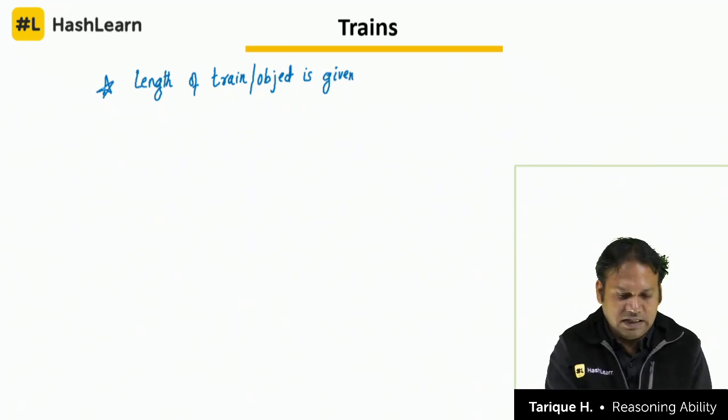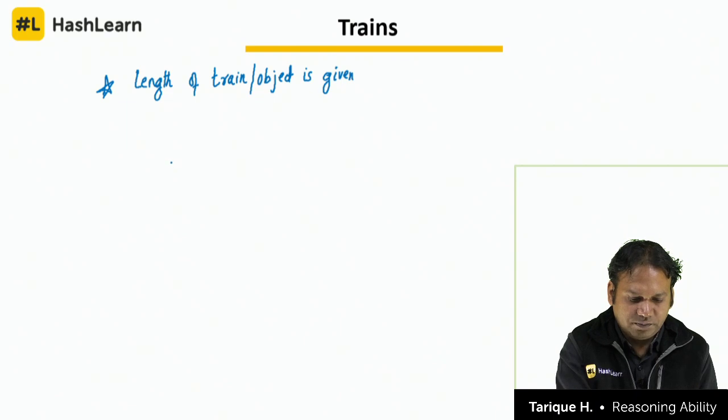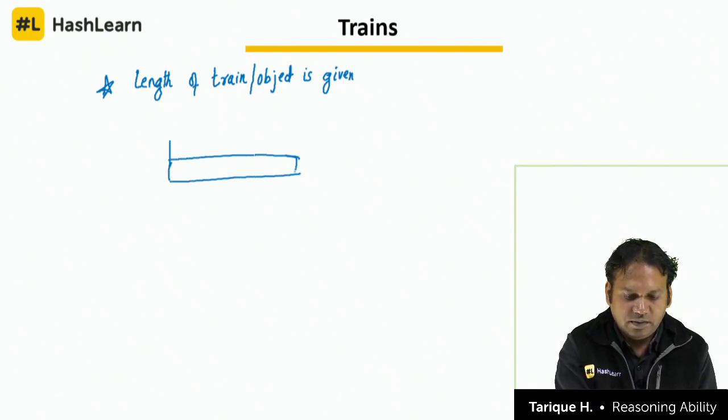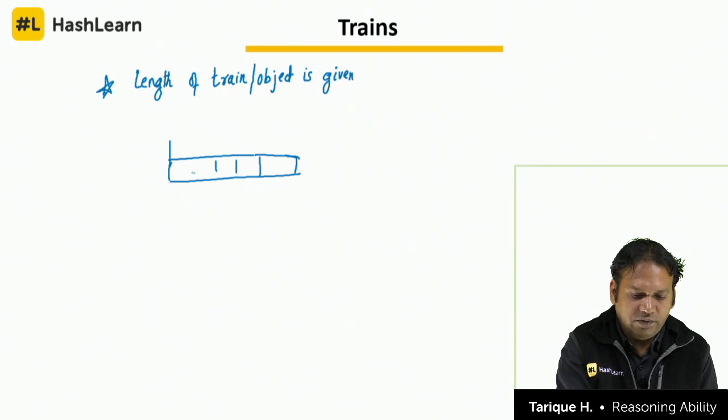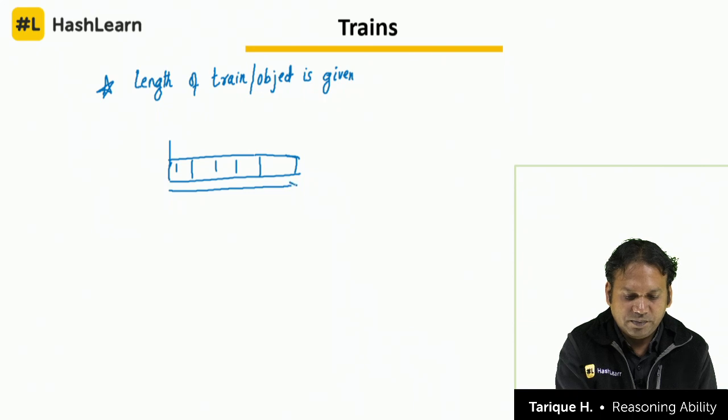We know a train has length. Let us say for example there is a train, divided into different compartments. The train has a length given to you. Suppose the train is 100 meters long and there is an electric pole that the train is crossing.